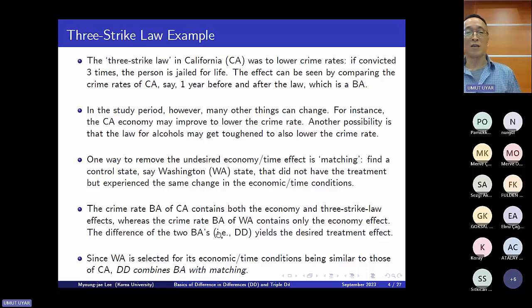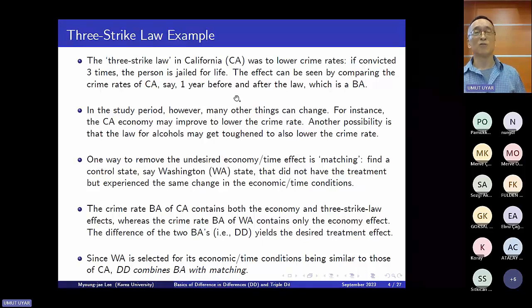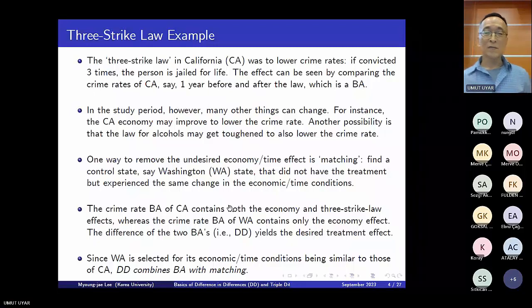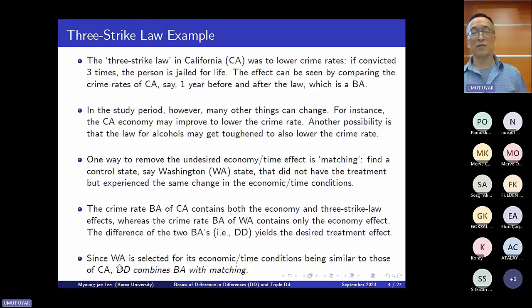But by taking the difference of the two BAs, that is the DD, we can find the desired effect of the three-strike law. And as you can see, since Washington State is selected for its economic conditions being similar to that of California, we can say that DD combines before and after with matching.